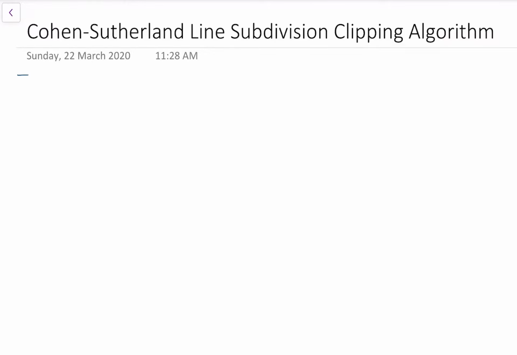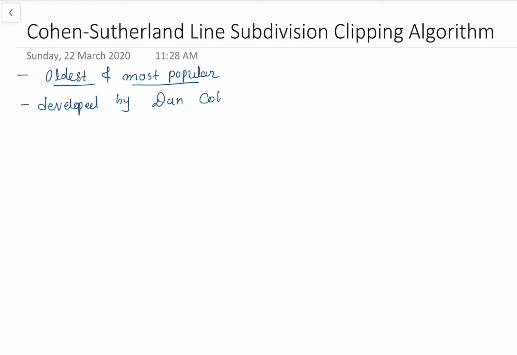This is one of the oldest and most popular line clipping algorithms. It was developed by Dan Cohen and Ivan Sutherland. That's why it's called the Cohen-Sutherland line clipping algorithm.